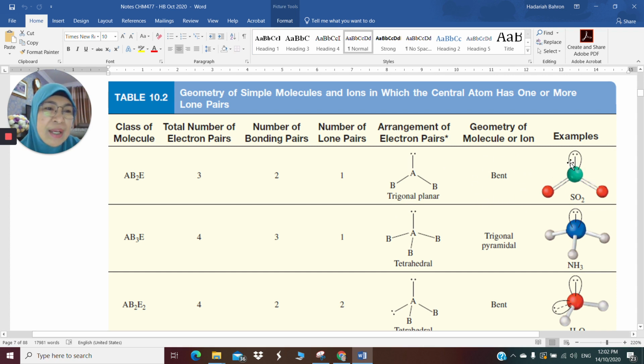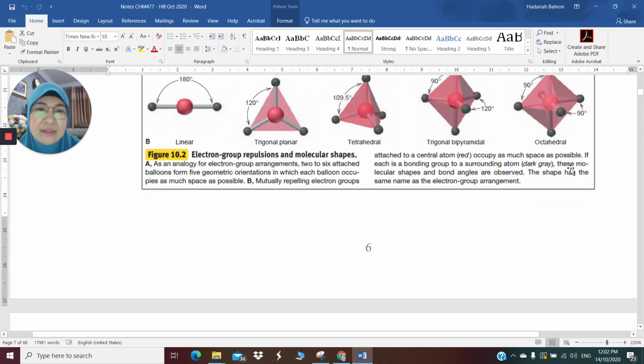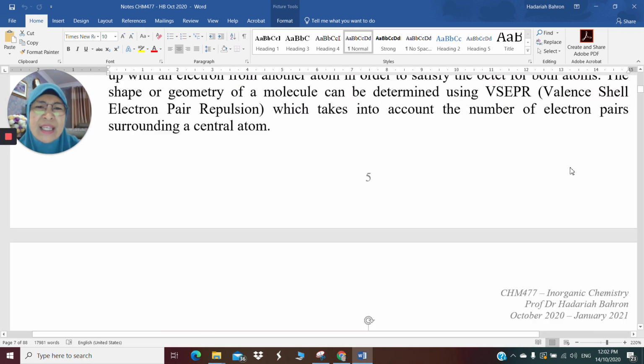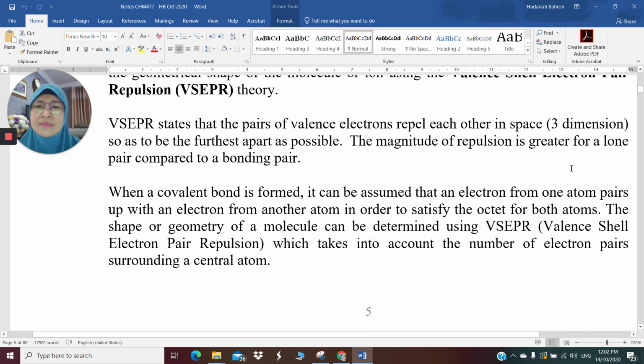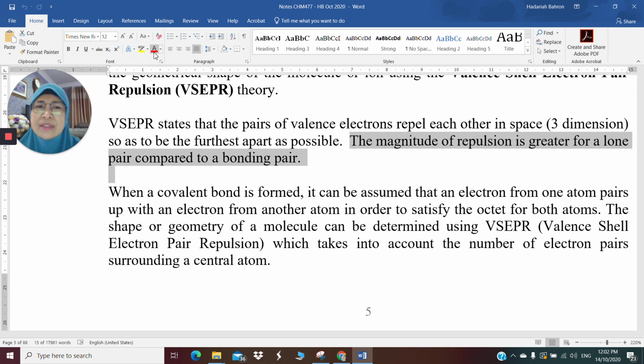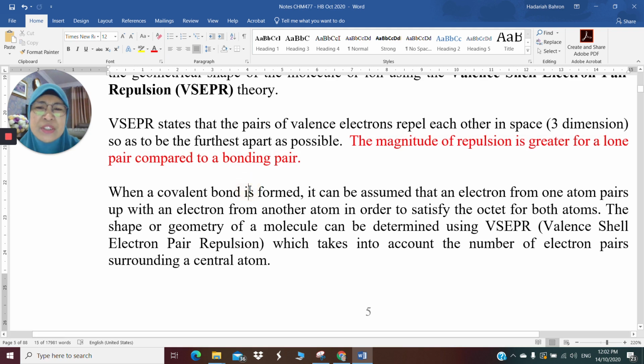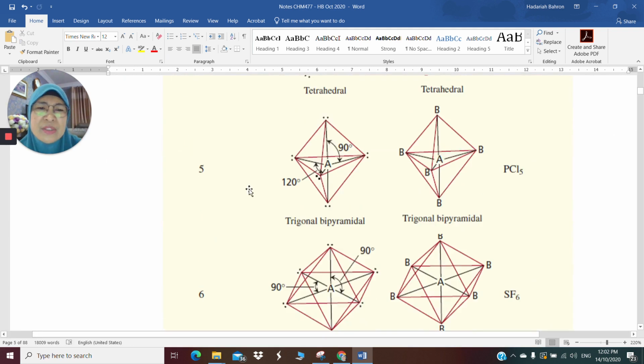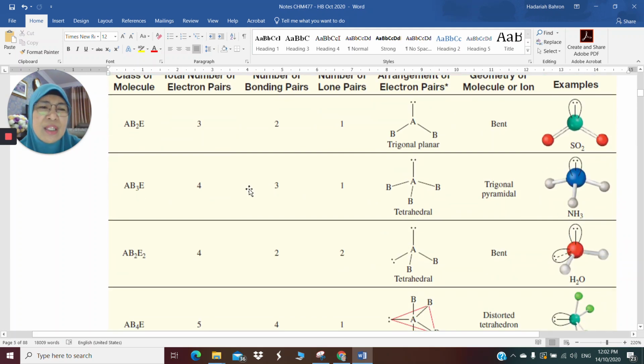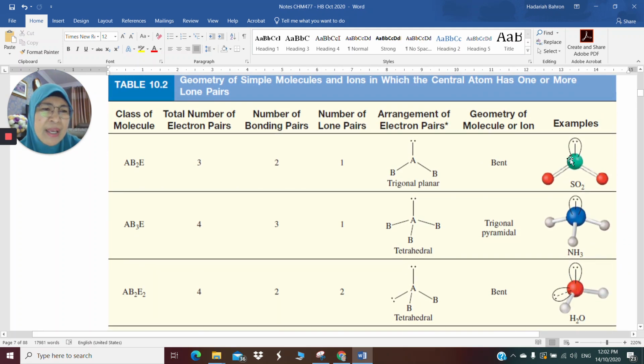And remember, a few minutes ago, I was telling you that the repulsion of a lone pair is bigger in magnitude compared to a bonding pair. So if the repulsion of a lone pair is bigger than a bonding pair, then this invisible lone pair has bigger strength to push these 2 bonding pairs further away from itself.